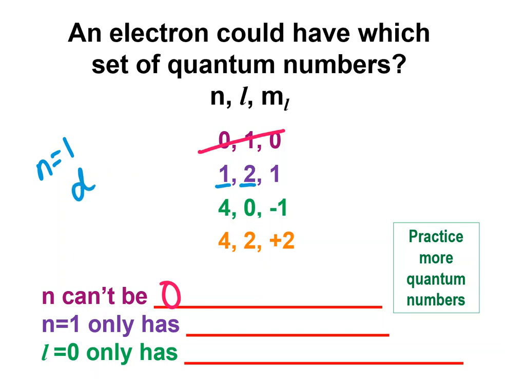So we ask, does the first energy level have d orbitals? No, it doesn't. The first only has s. So really, when n is 1, the 2nd number has to be 0 because there's only s. Anyway, this one is not possible because that combination of energy level and orbital type doesn't occur.